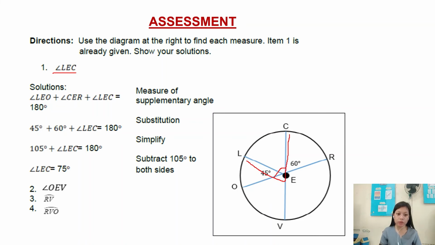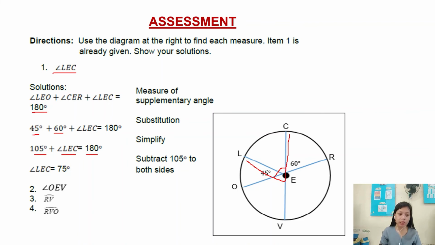Angle LEO plus angle CER plus angle LEC is equal to 180 degrees. This is the measure of a supplementary angle. Substituting, 45 plus 60 degrees, which is angle CER, plus LEC is equal to 180 degrees. We add 45 plus 60, which is 105, plus angle LEC is equal to 180.